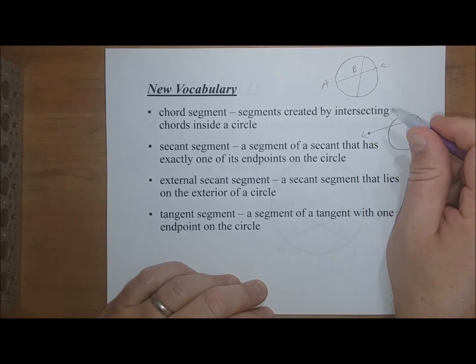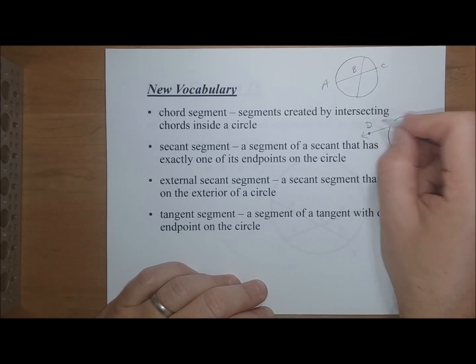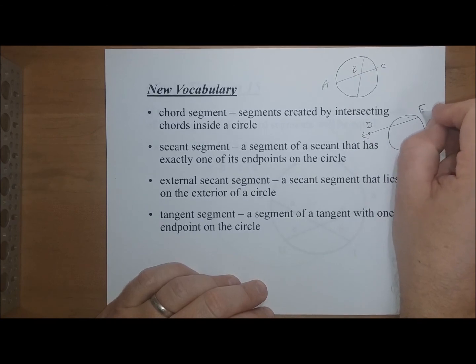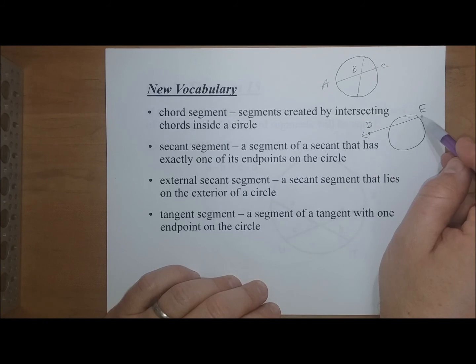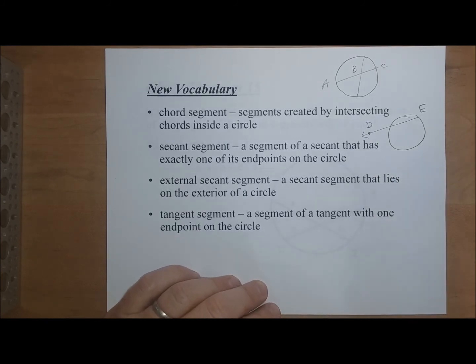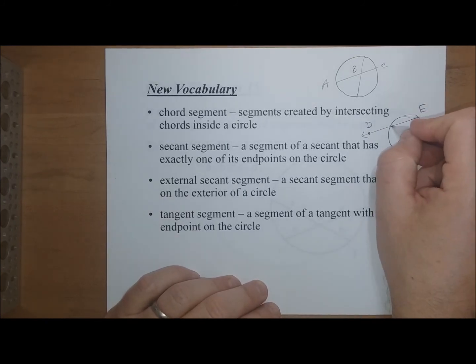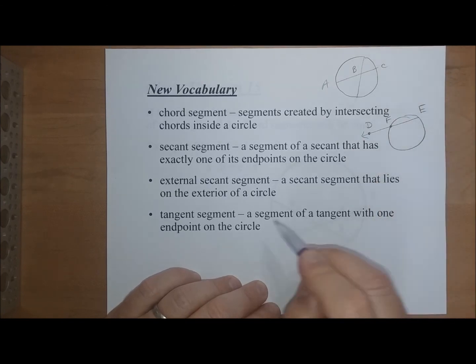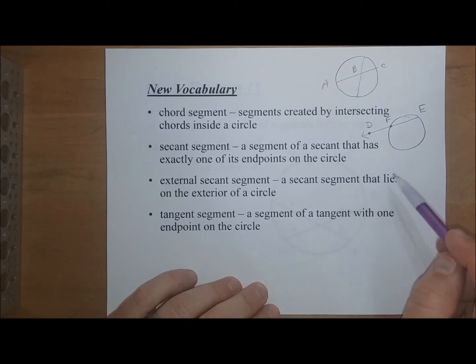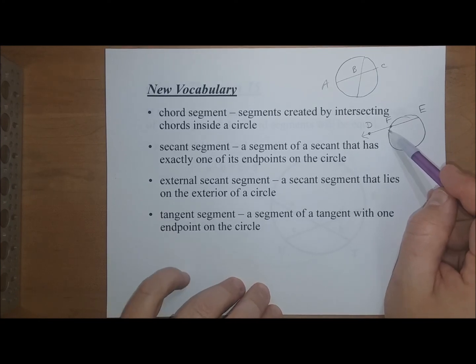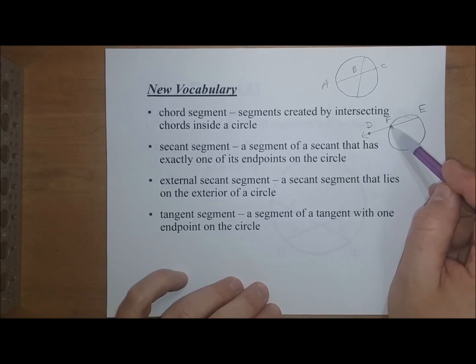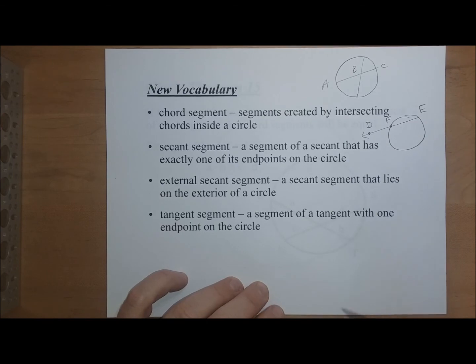But if we had point D here, and maybe this was point E, we would call DE a secant segment because only one of its endpoints is on the circle. And if we were to call this point F, then we could have an external secant segment. DF would be an external secant segment because it has just one of its points on the circle and it lies outside the circle, or on the exterior.